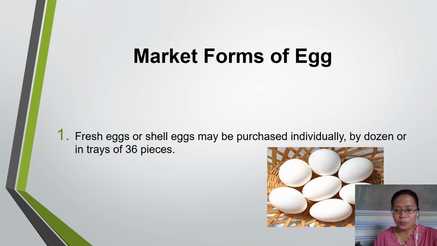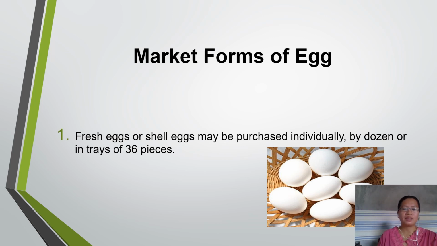Now, we have different market forms of eggs. So, ano ba yung sinasabing market forms? When you say market forms, ito yung mga usually products or egg products na pwede nating bilhin in the market. Okay, first is fresh eggs or shell eggs.